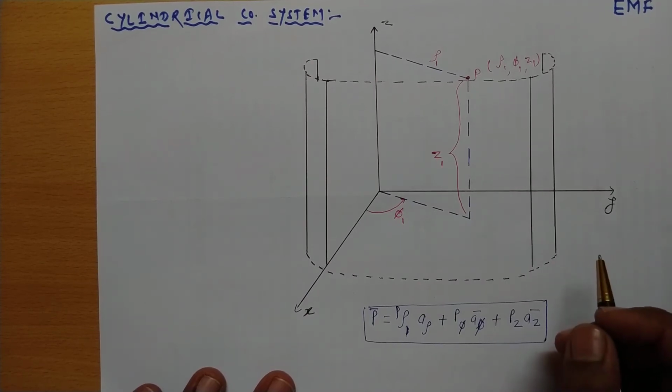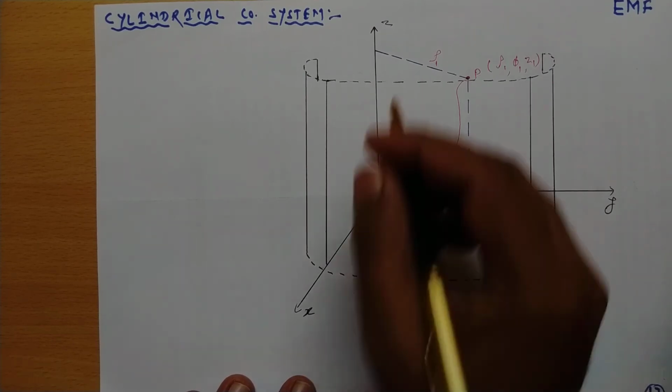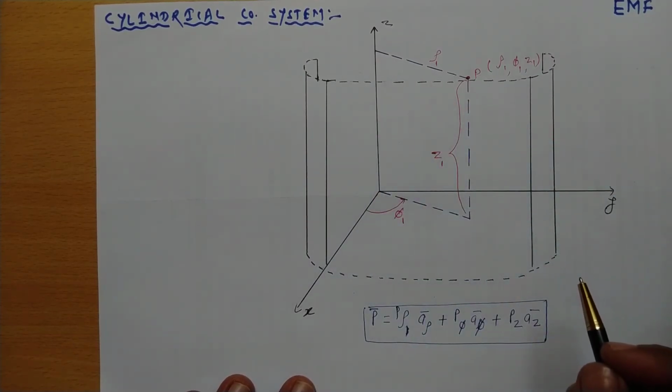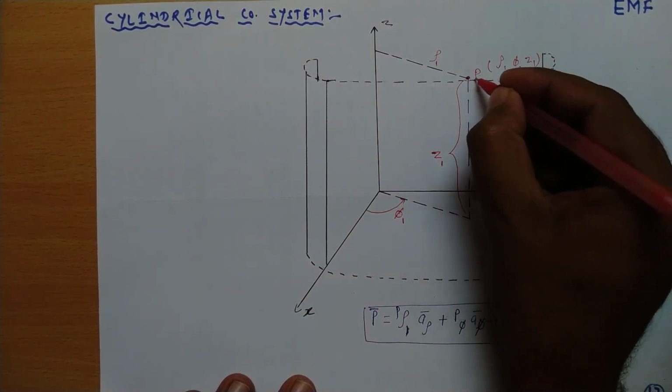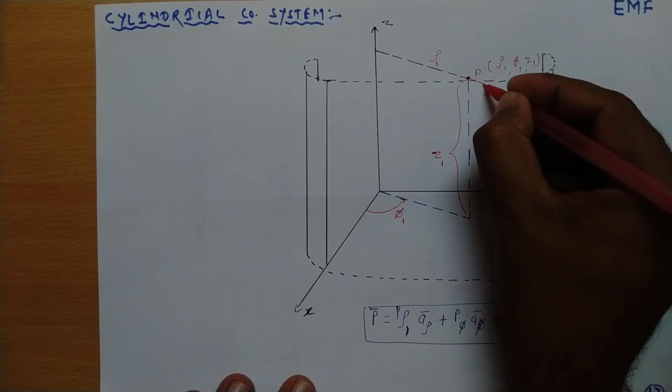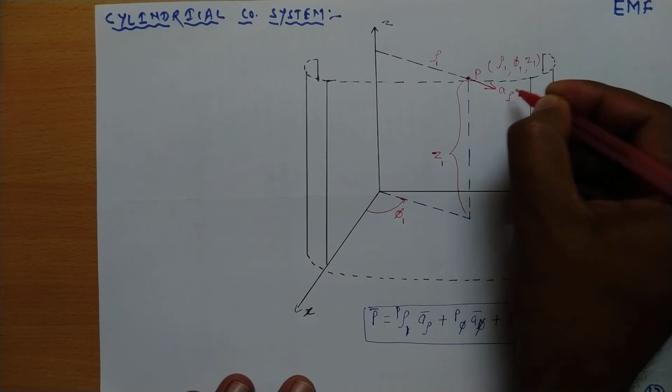One more thing I can define here: as I have written, the unit vectors a rho, a phi and a z, as in the Cartesian coordinate system it was a x, a y, a z. So here the direction I can also define. You can see this arrow in the same direction as rho, so this is the direction of the unit vector a rho.